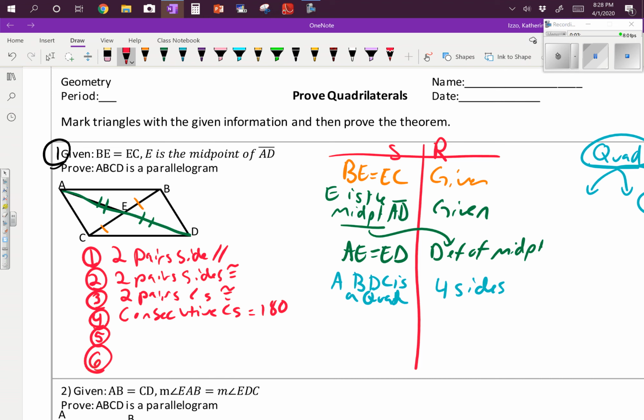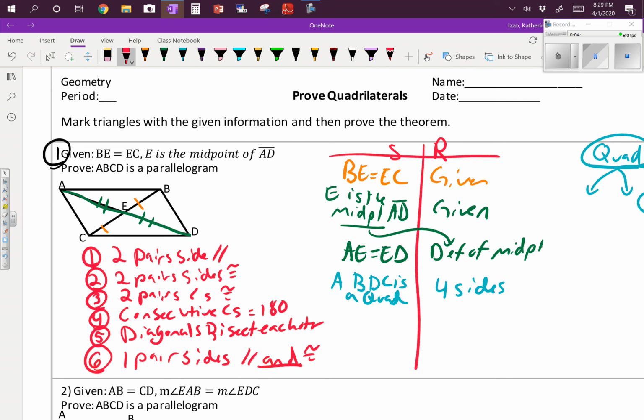Okay, the 5th one, diagonals bisect each other. And then the 6th one is 1 pair sides parallel and congruent.